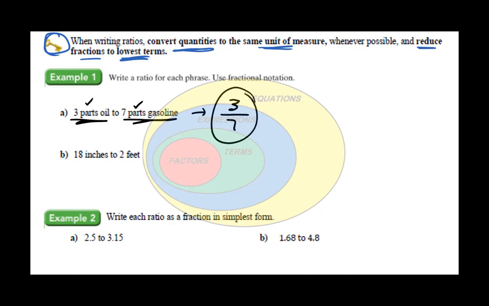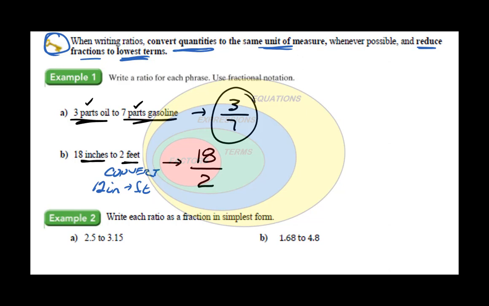Now, the next problem has different units, 18 inches to 2 feet. It would be wrong if we just wrote this ratio as 18 to 2, because the comparison of the numbers is different, since a foot is much bigger than an inch. So what we need to do is convert feet to inches. There are 12 inches in every foot, so 2 feet would be 24 inches.